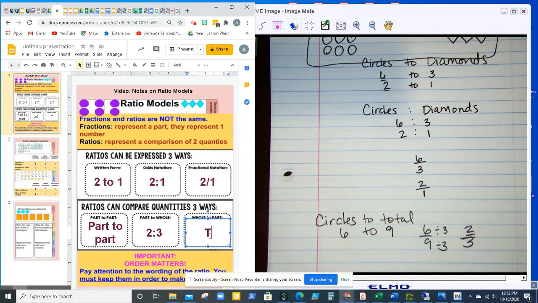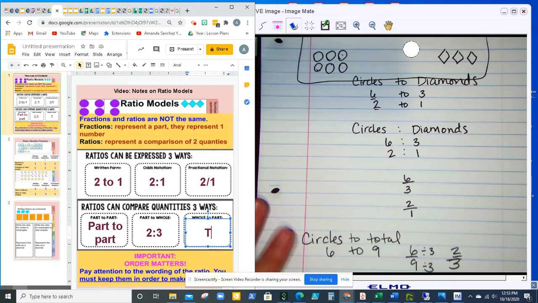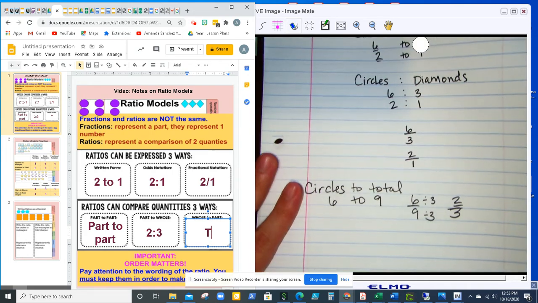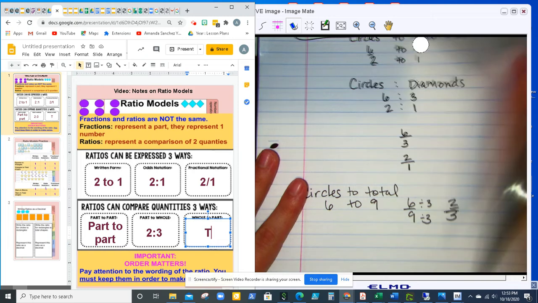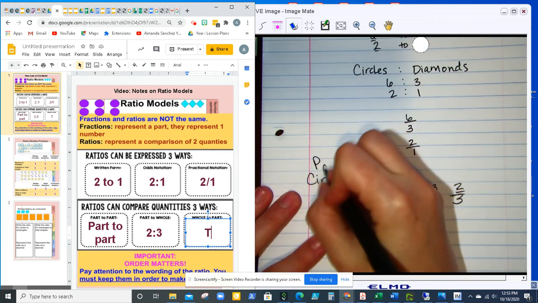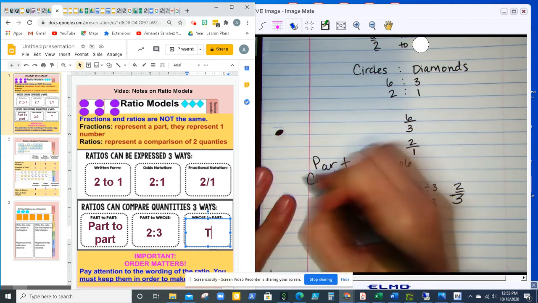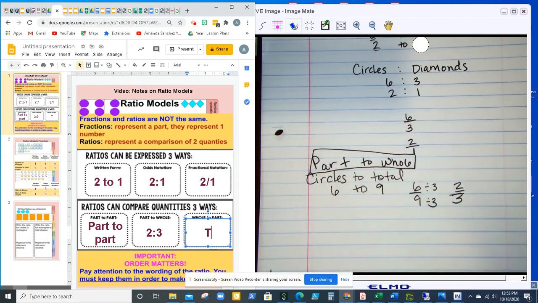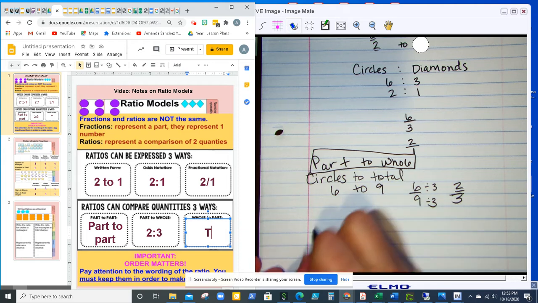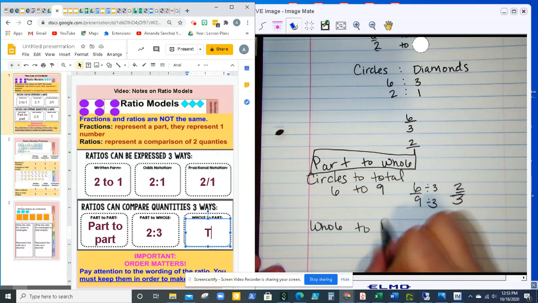And then the last way to compare quantities with ratios is where you take the total and compare it to the part. So this first one was part to whole. And then the last one is where you take the total or whole and compare it to just a part.